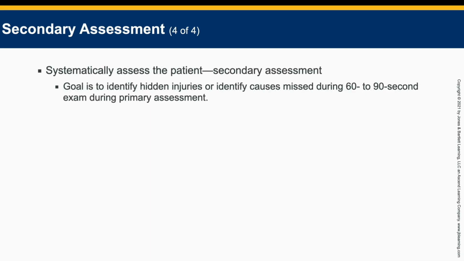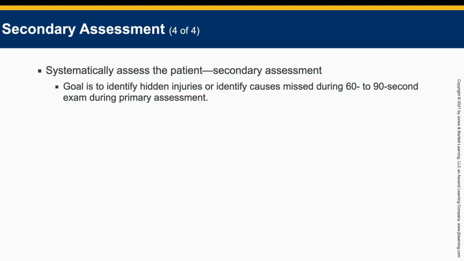The secondary assessment is a systematic evaluation of the patient performed after life threats have been identified and managed. The goal of this assessment is to identify hidden injuries or medical problems that may not have been discovered during that 60 to 90-second primary assessment. During the primary assessment, we focused on those life threats, such as airway, breathing, bleeding, and shock.